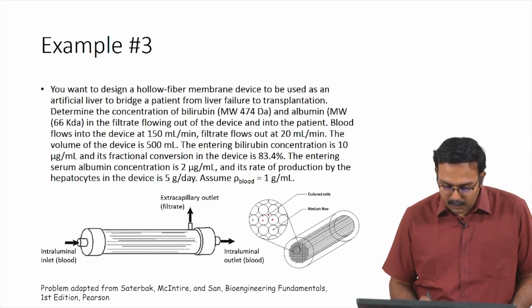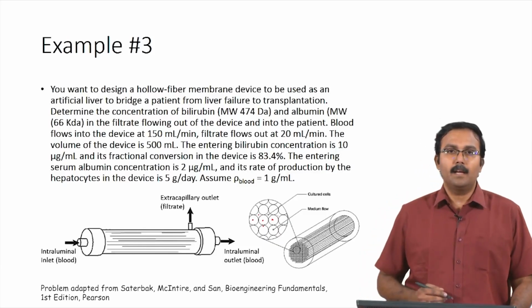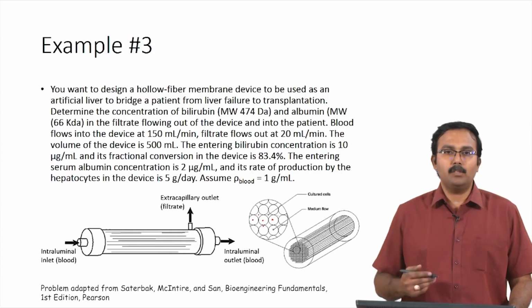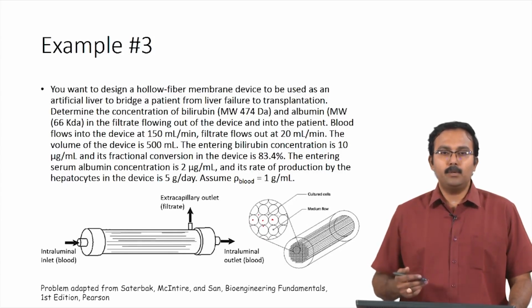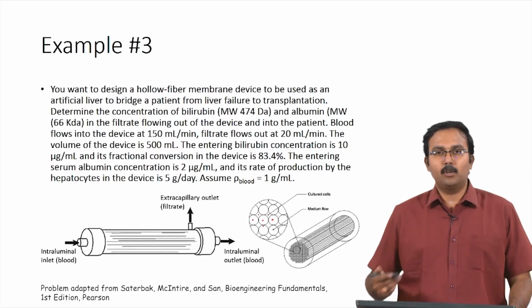These gaps are filled with cultured cells, which are the hepatocytes in this case. Hepatocytes are nothing but liver cells. These liver cells can process the blood to make sure that the blood becomes free of contaminants and toxins.